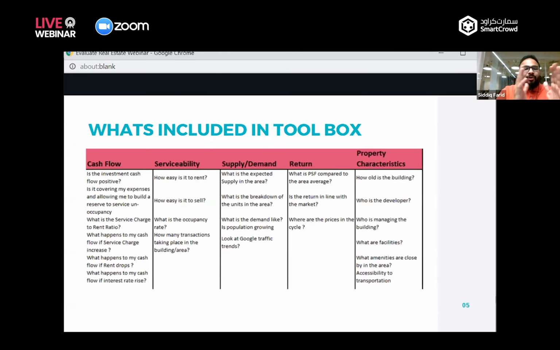You want to drill it down, look at price per square foot, because then you can compare two properties. Someone says, hey, buy this studio for 400,000 dirhams or buy this studio for 400,000 dirhams, right? One is 700 square foot, another one is 300 square foot. So you can figure out what the price per square foot is, and that'll give you an idea as to what's a better opportunity, because you can compare apples to apples in that scenario.